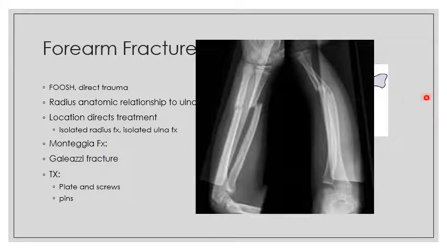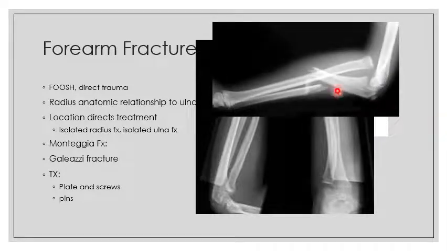A Montaggia fracture is a fracture of the proximal third of the ulna with a radial head dislocation. So it's important to do a lateral X-ray so you can see this radial head dislocation.